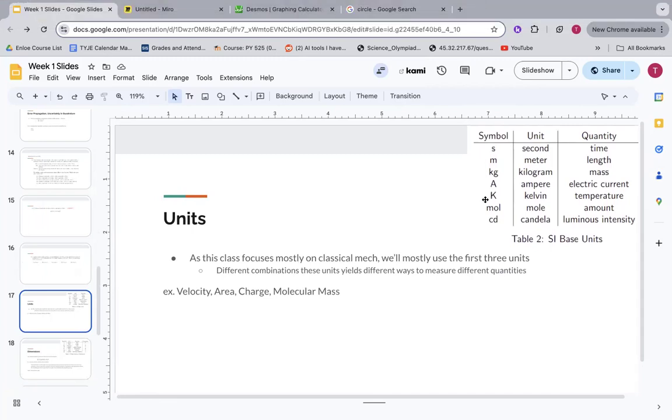This is really not that difficult if you're used to it. There's 7 base units in the SI system, but we're doing classical mechanics, right? So we're really only ever going to see meters, seconds, and kilograms. So for example, you might see force is in kilogram meters per second squared, time is in seconds, speed, meters per second, stuff like that.